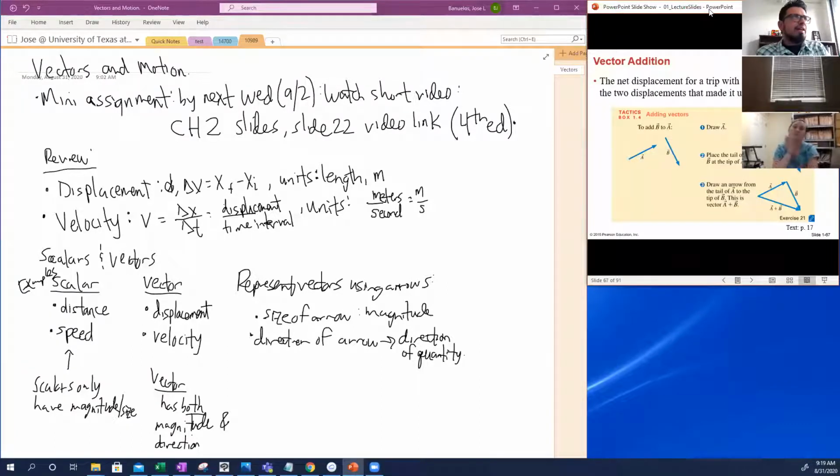So it turns out that you can add displacement vectors, just like you can add other quantities. Even though these things have a direction, there's a way of adding them. The first method we're going to learn about is called the tip to tail method.